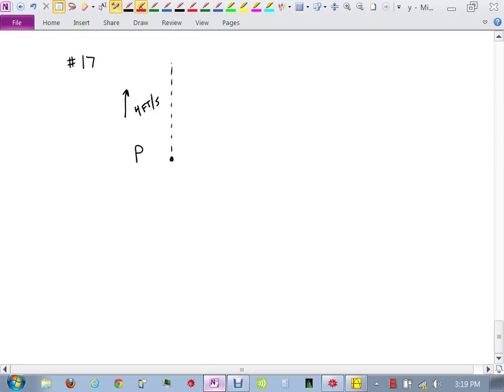So what should I draw here? Horizontal line to the right would be east. Was it 500 feet? And she starts walking due south at the same speed, right?